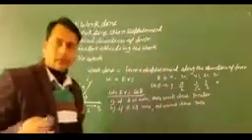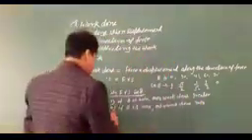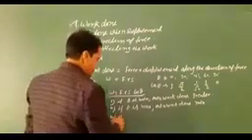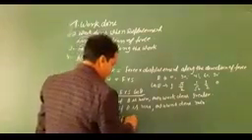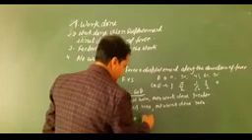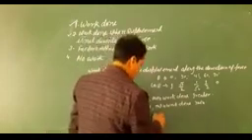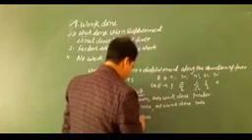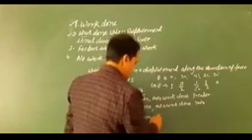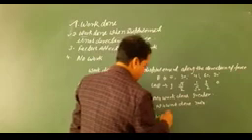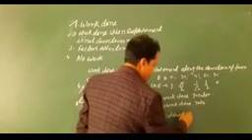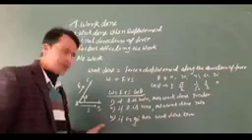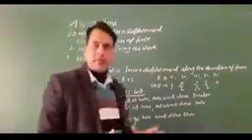And now the third condition: if theta equals 90, then work done is 0.